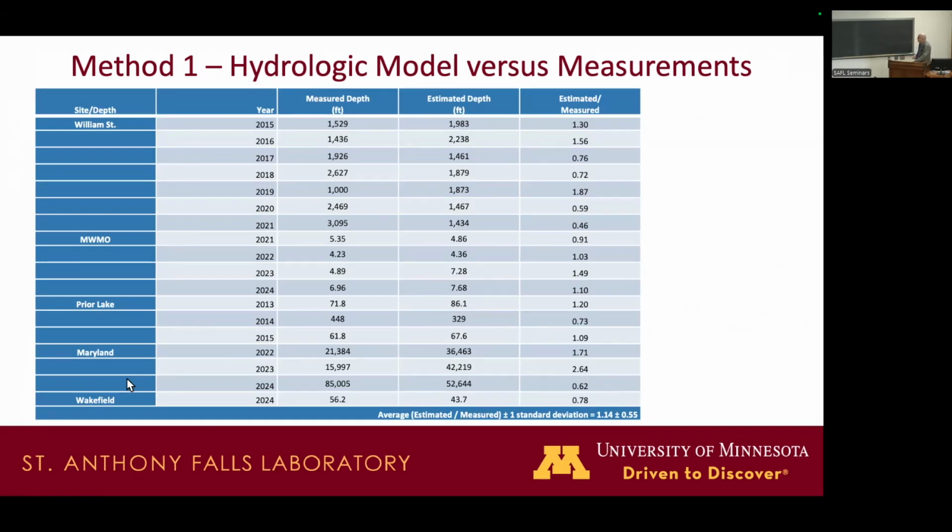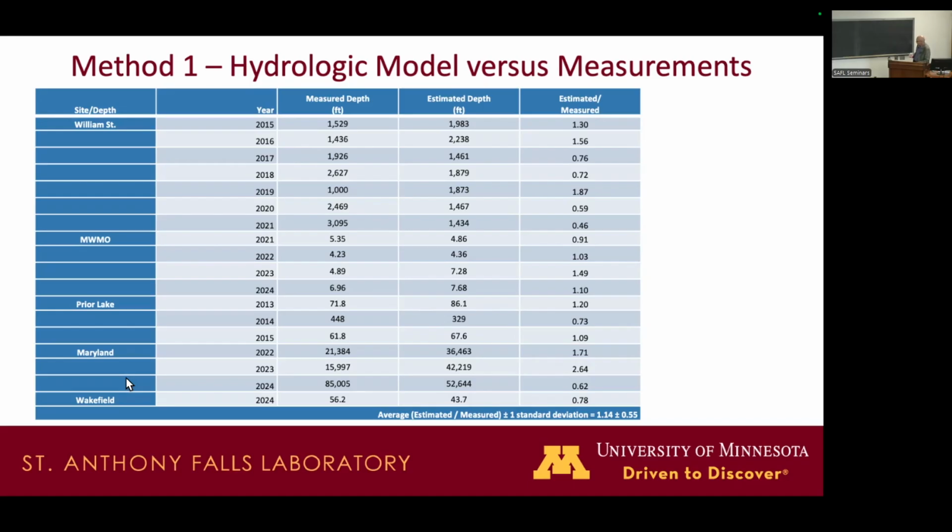So we took the data that existed on depth treated, measured depth, and analyzed it to see if we could use it for verification. So we have estimated depth up here, and for different years, you have estimated depth and measured depth, and then we have the ratio of measured depth over estimated depth.